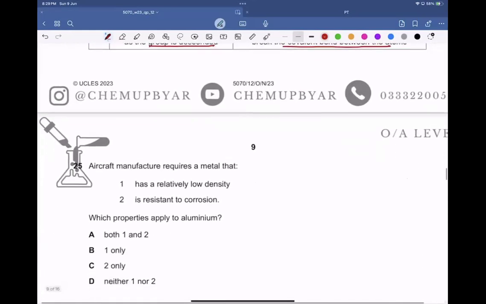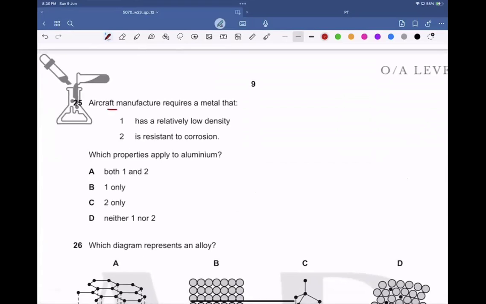Now, question number 25. Aircraft manufacturer requires a metal. Just give me a minute.